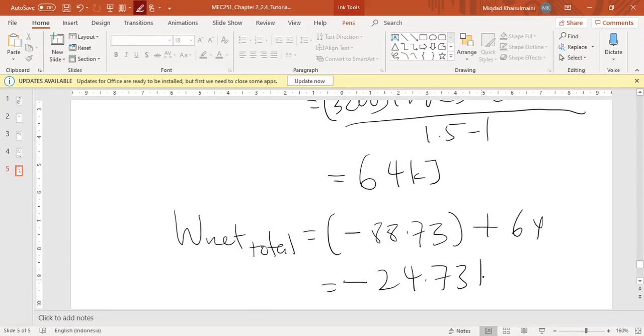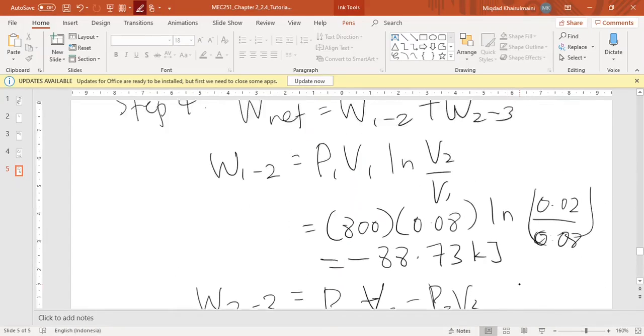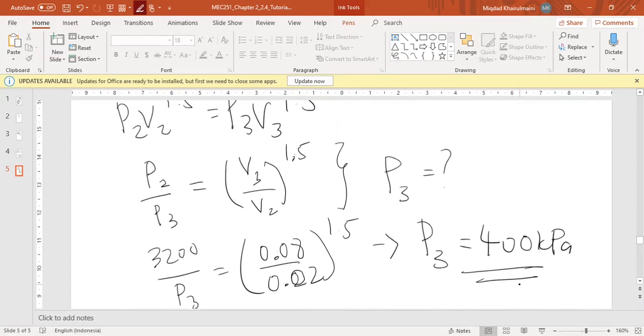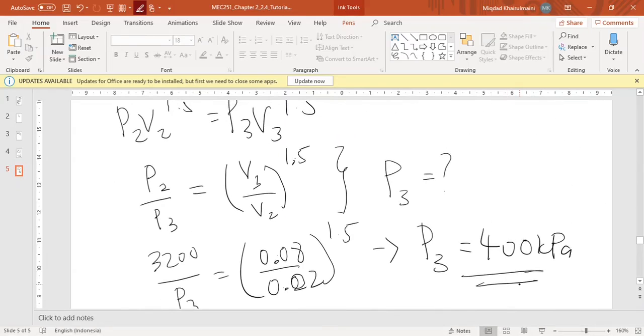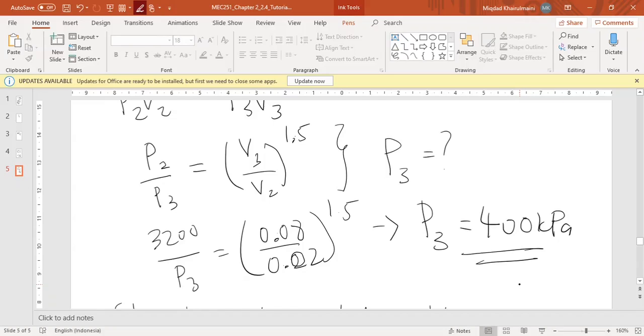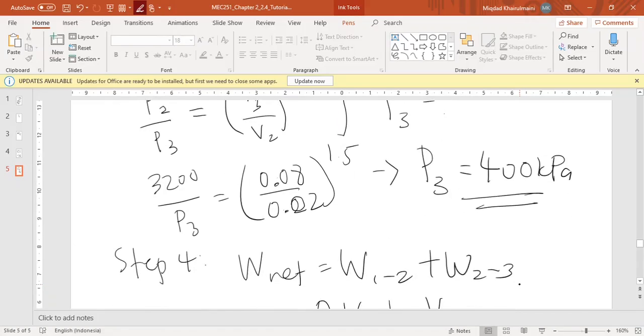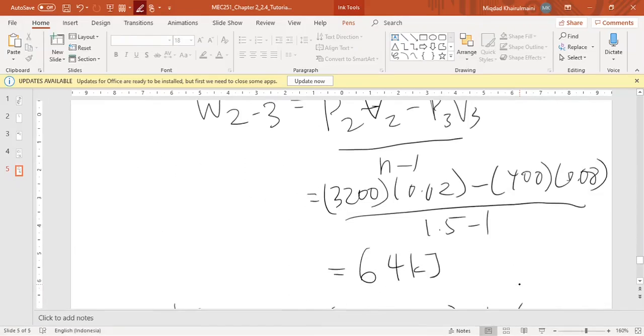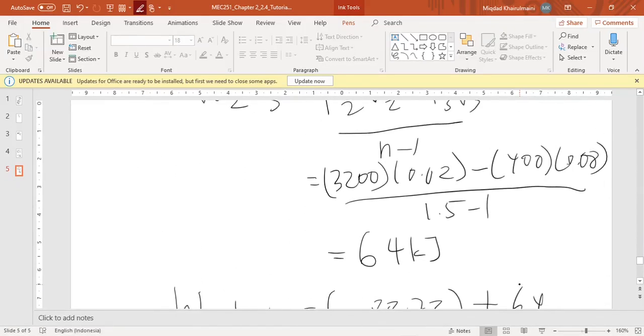I forgot to draw the PV diagram. Once we have gotten all the values, the pressure at state 3 is 400. When we want to sketch the PV diagram, I'll sketch it here. So we have the PV axes. The first process is a compression process.